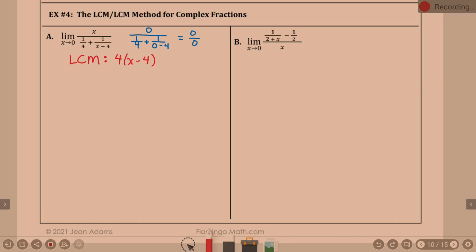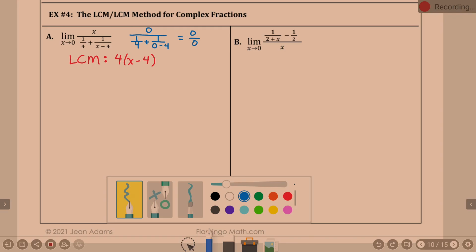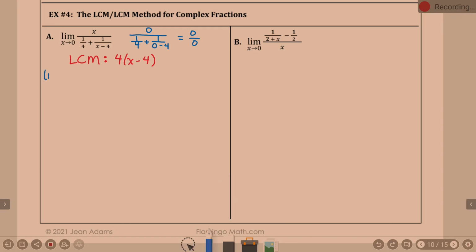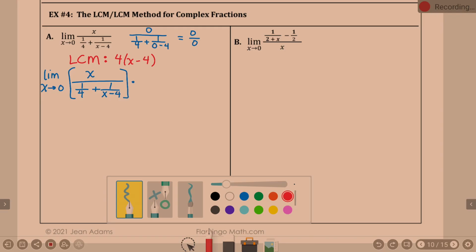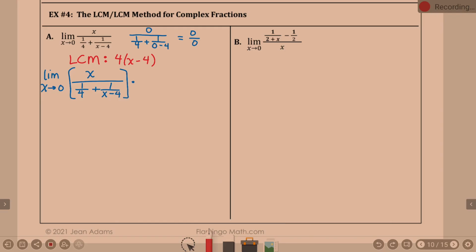What we're going to do is set this up. I'm going to write out my limit here. Limit as x approaches 0 of x over 1/4 plus 1 over x minus 4. So we've got that limit, and we're going to multiply by the least common multiple over the least common multiple.